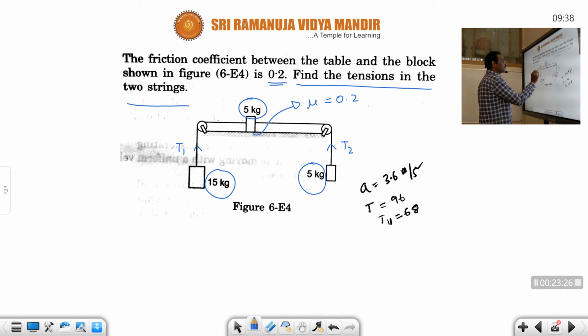That means this is T1 and here it is going to be T2. There are two tensions here. If you consider each block's free body diagram and work the numerical, you will get the answers.